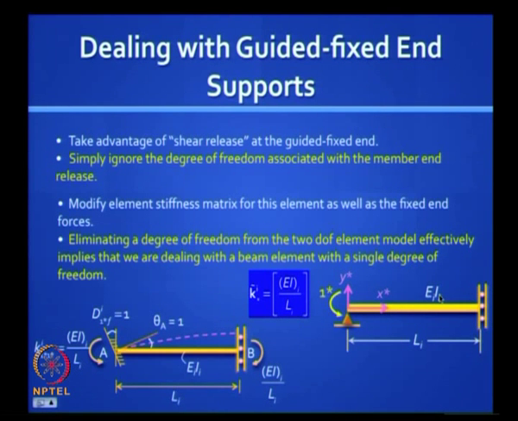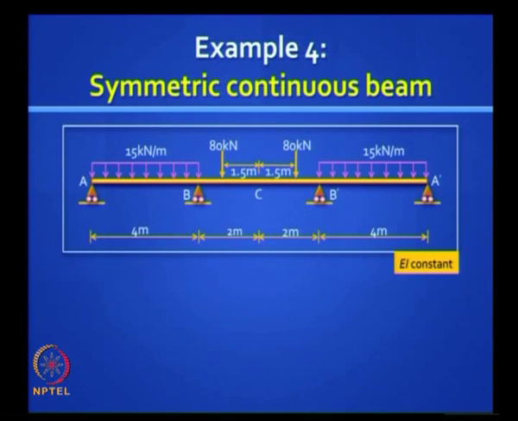Why don't we take a much simpler element, this simple cantilever fixed at the other end, and you know that the stiffness is the same. There are two ways of getting EI by L. So we will use this in our symbols so that our understanding is simplified. Is it clear?